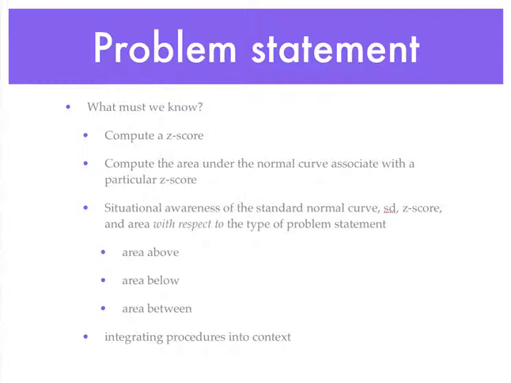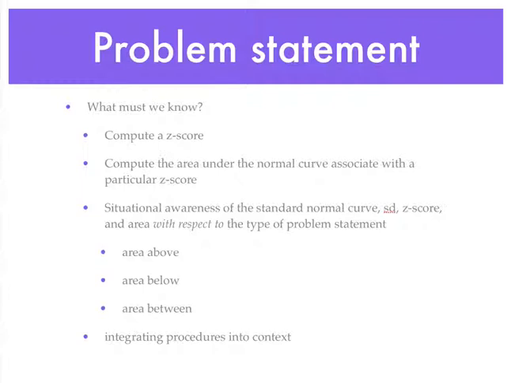So you would need to know what I'm calling a situational awareness of the standard normal curve, standard deviation, z-scores, means, and all of that with respect to the type of the problem statement.